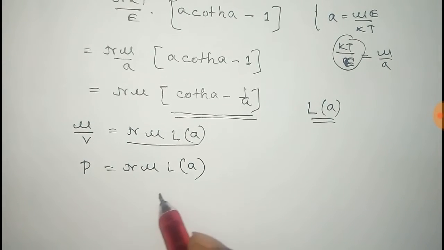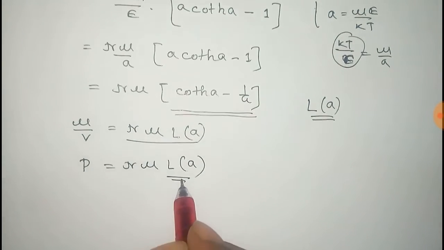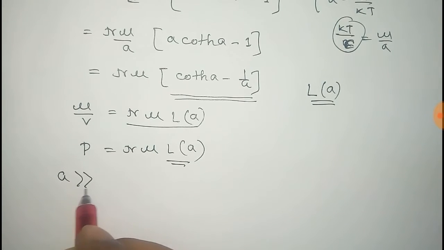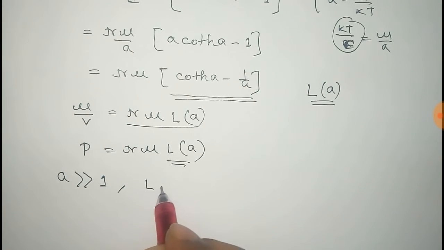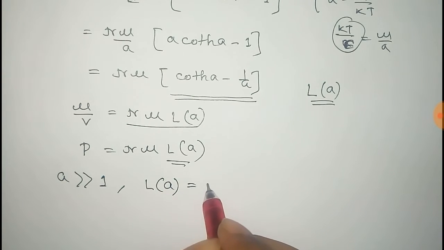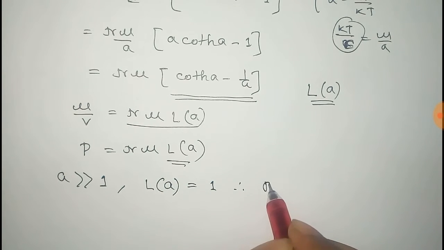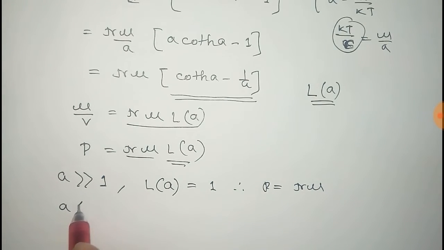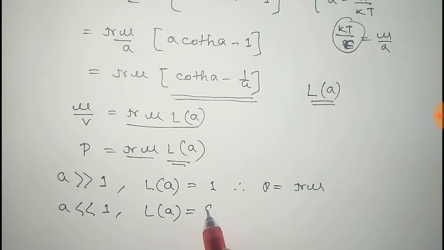Now the value of L(a) depends on the value of a. If a is very much greater than 1, then L(a) is equal to 1, so polarization P becomes n mu. Similarly for a very much less than 1, L(a) becomes a by 3, so P becomes n mu into a by 3.